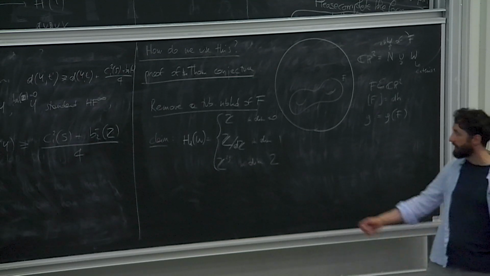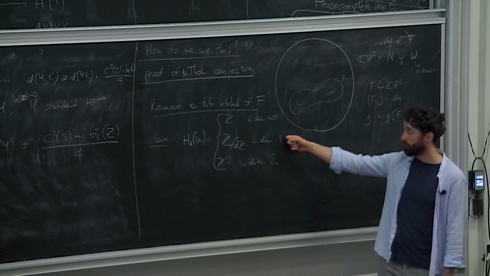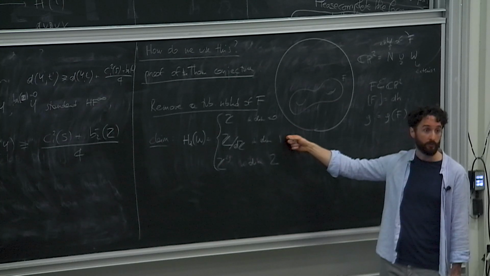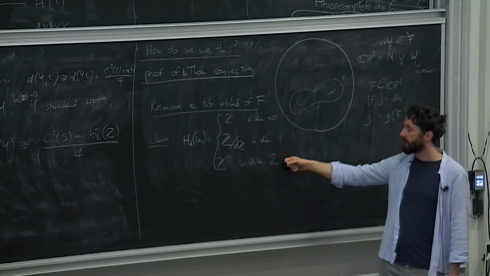So it's a four-manifold that has B1 equals 0. It has a rather large second homology.